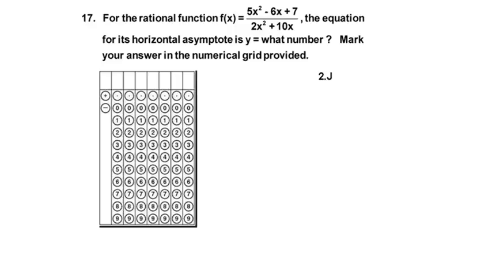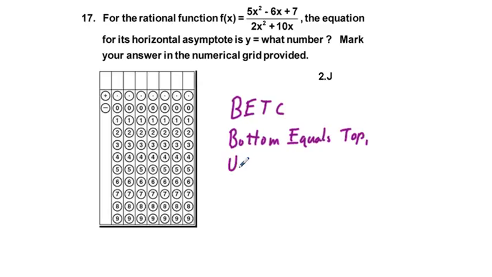Now number 17. For the rational function f(x) equals 5x squared minus 6x plus 7 over 2x squared plus 10x, I spent a lot of time talking about BESTY, BOBO, and BOTU. BESTY stands for bottom equals top, use coefficients.